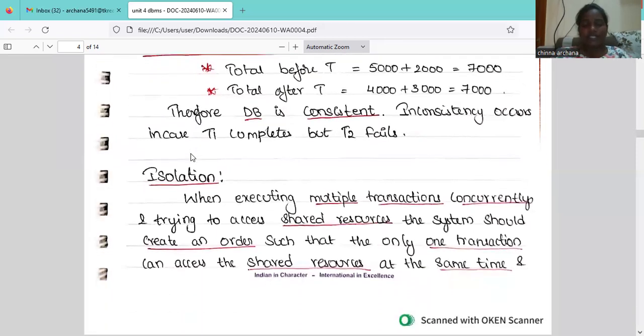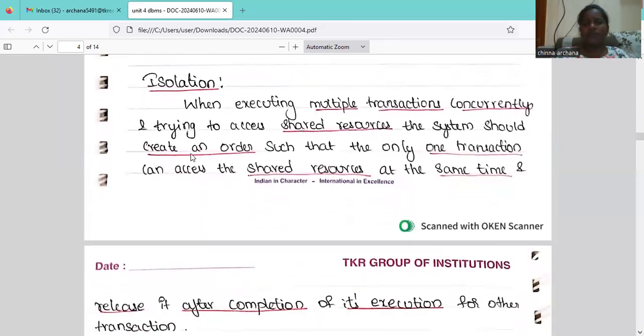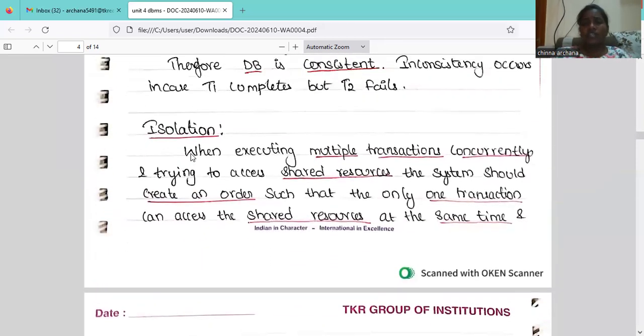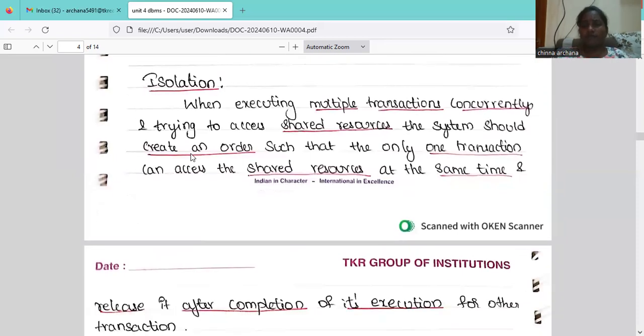Okay, so next is isolation. Here we'll discuss it in more depth. Isolation means, we have already discussed transactions. There will be multiple transactions which are executed concurrently.